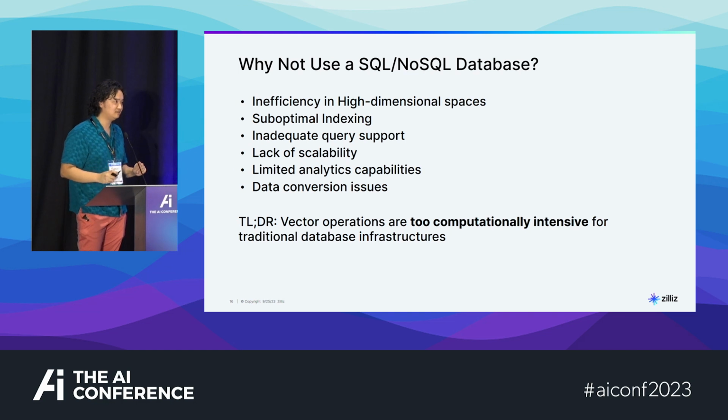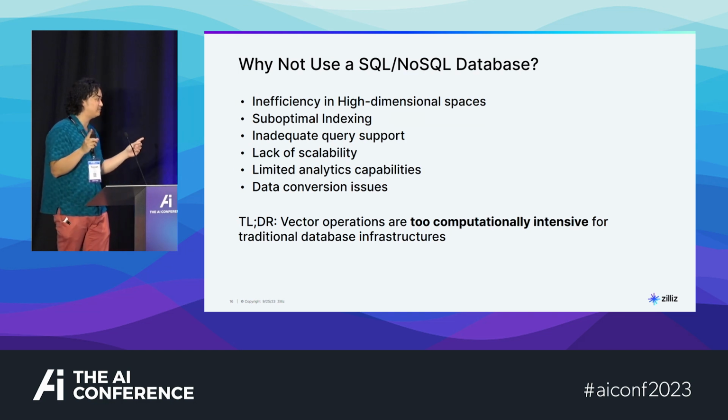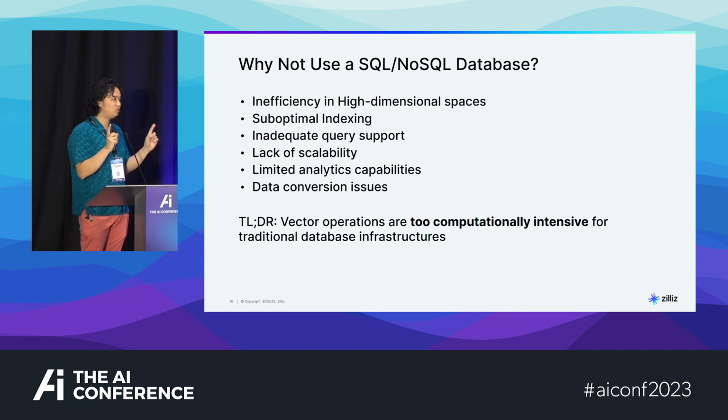If it doesn't, it won't. In a vector database, you almost never expect an exact match. Also, when you query, you are expecting to do thousands or hundreds of thousands of computations, and SQL and NoSQL databases have no computational backend. So you need a specialized infrastructure in order to effectively query vectors, especially at scale.